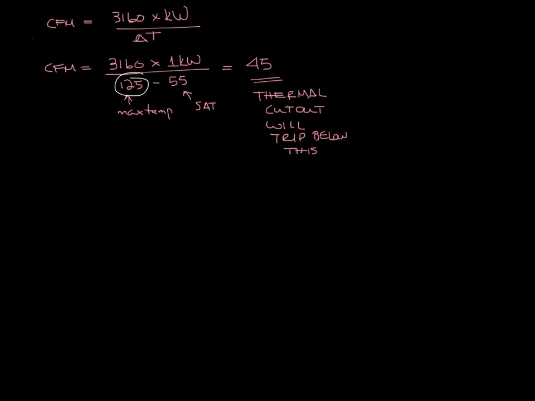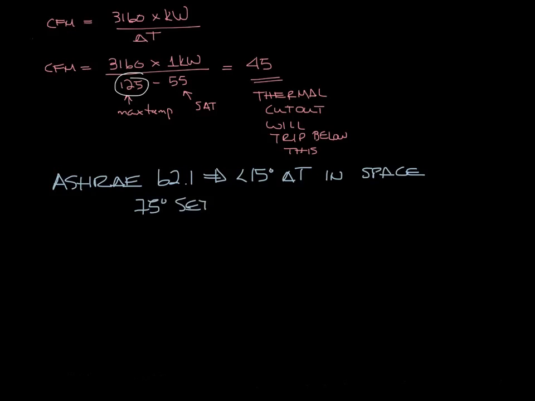So make a little bit of room here, and let's look at this. ASHRAE 62.1 recommends that less than a 15 degree delta T be supplied to the space. So for a 75 degree set point, this is a 90 degree supply air into the space. So let's make that 95 degree leaving air temperature from the VAV box itself.